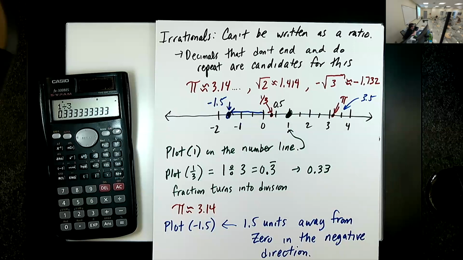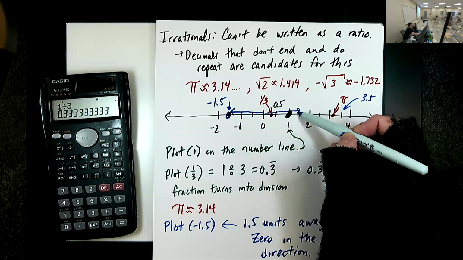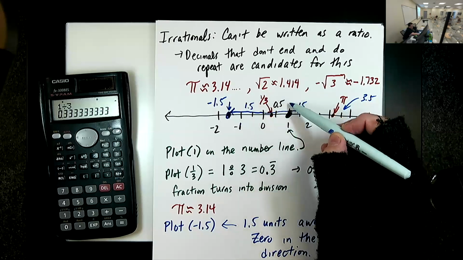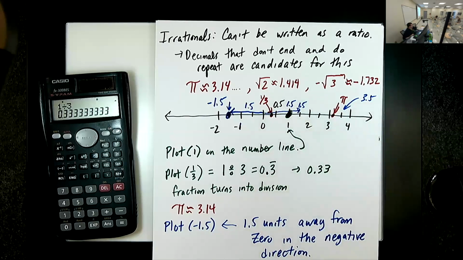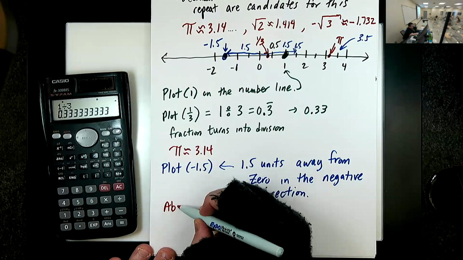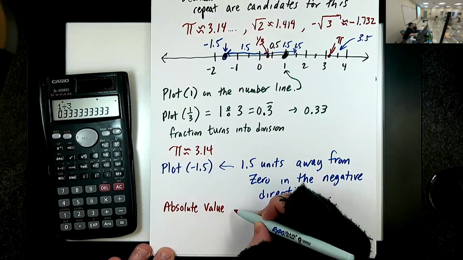In fact, there's an operation or a set of math symbols that you've seen before that you may not think of like this. If I go 1.5 in the positive direction, I'm right there. And these are both 1.5 units away from 0, but I end up at 1.5 or negative 1.5. This is where we see the absolute value. Absolute value measures the distance from 0.